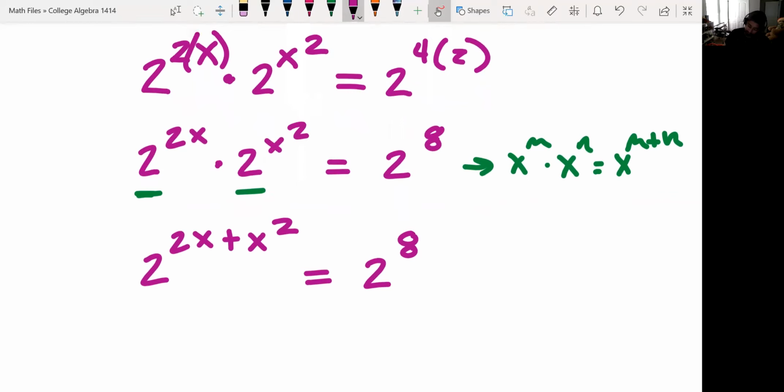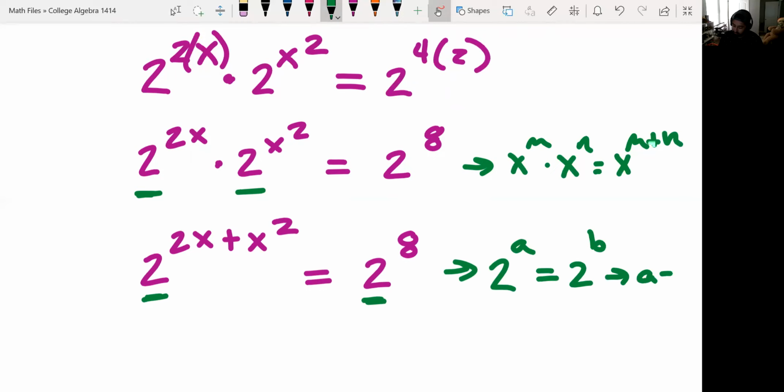And now you have the same base. So we can use that equality property from above. So here I'll write it in these terms. 2 to the a equals 2 to the b means a equals b.